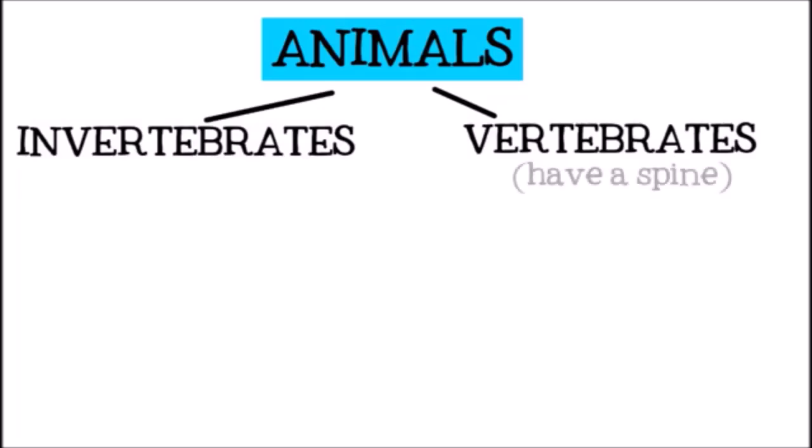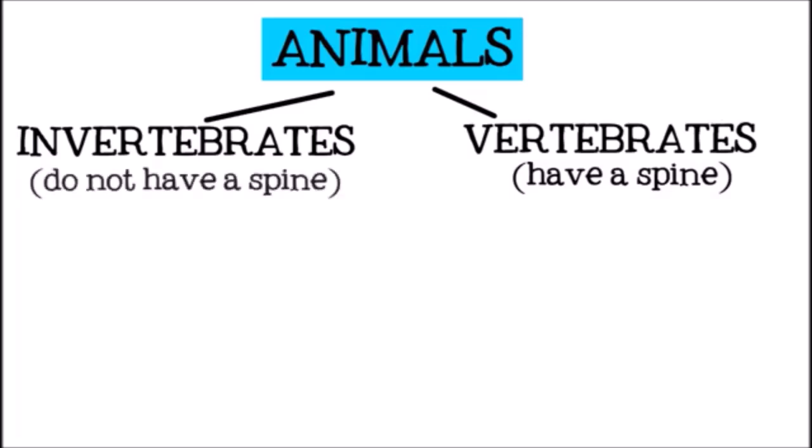Vertebrates are animals that have spines or backbones. Invertebrates are animals that do not have backbones. Most of the animals in the world are invertebrates.